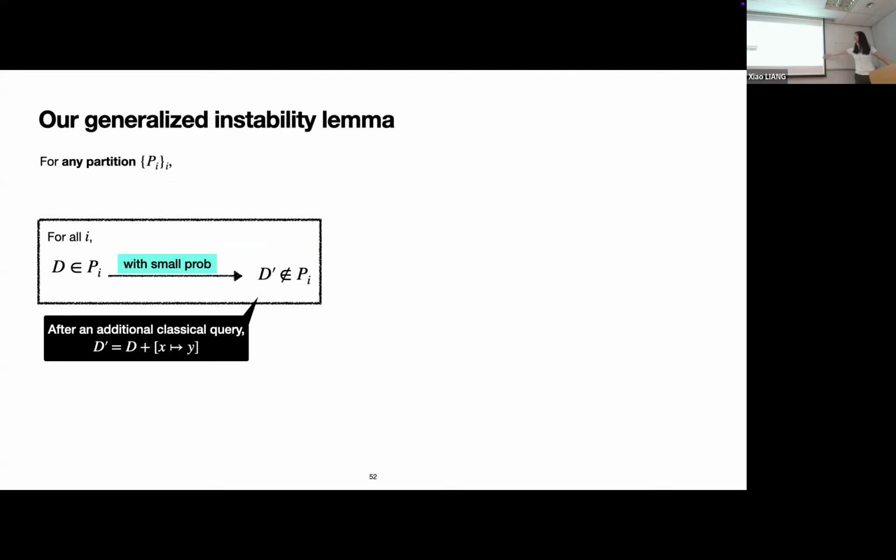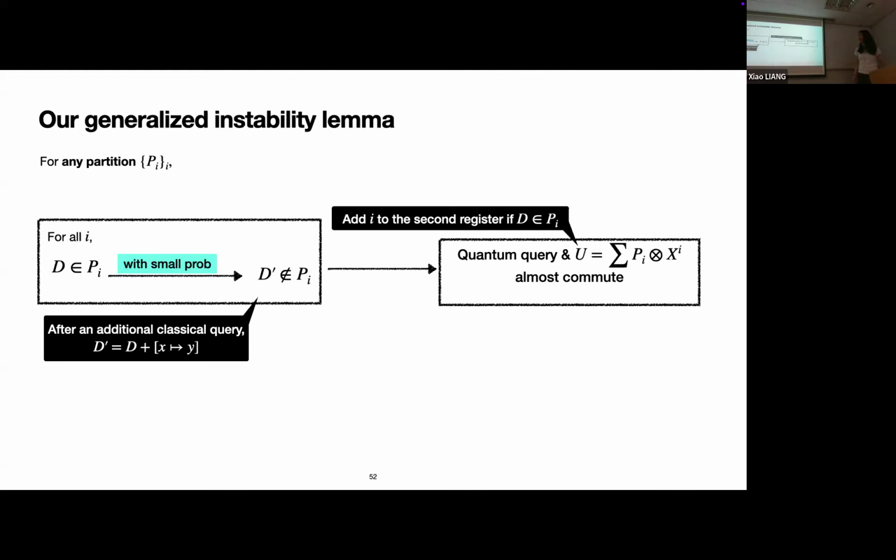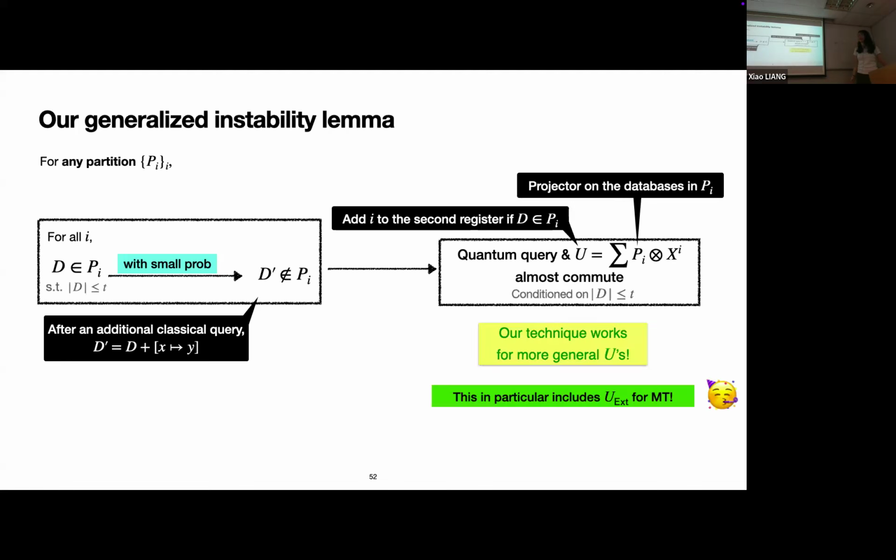We have a generalized instability lemma that works for any partition, and if you can show that the probability for a database to be in the set PI with an additional query only becomes not in PI with small probability, then we know that basically U extract and any quantum query almost commute. And this includes a lot more general set of unitaries.